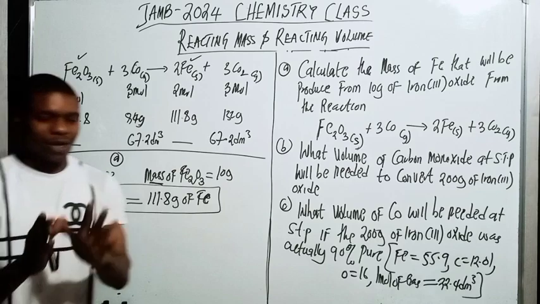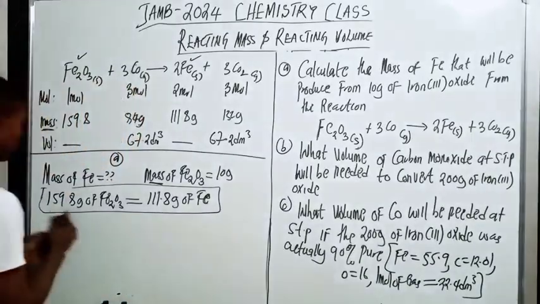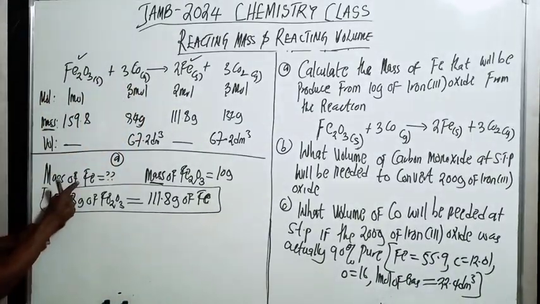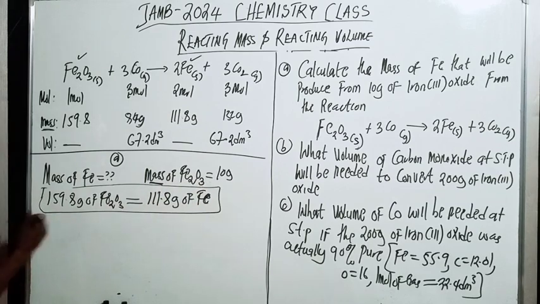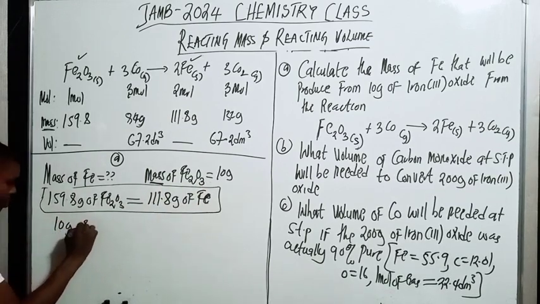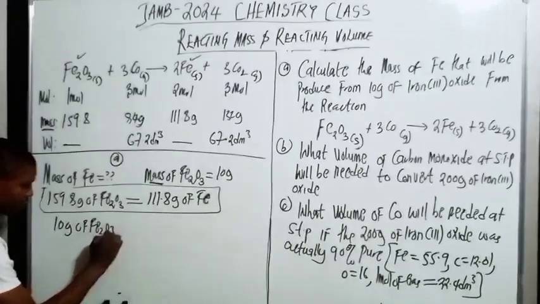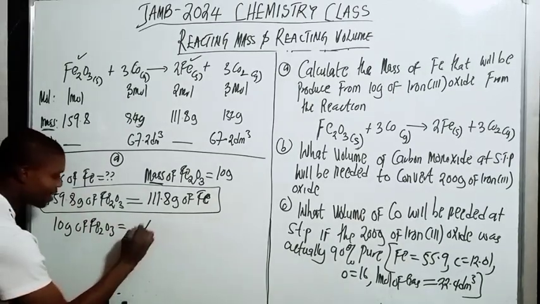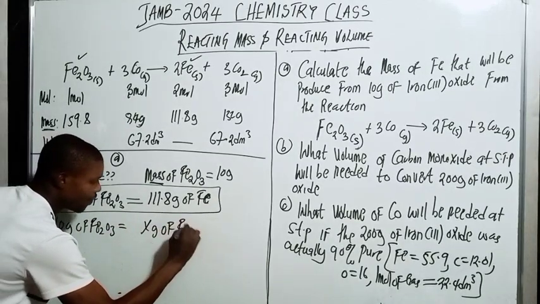There are 2 ways you can do this. Remember, the mass of this one was given to me to be 10 gram of Fe2O3, equals to what I'm looking for, S gram of Fe. Do you understand?